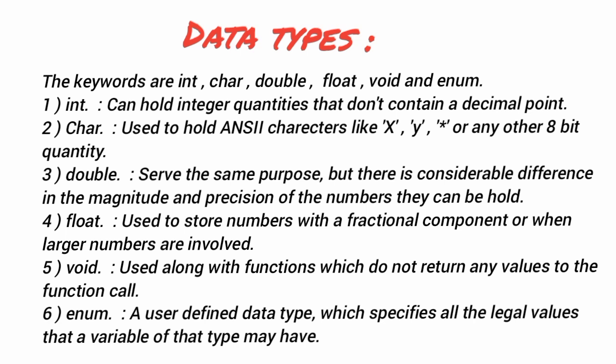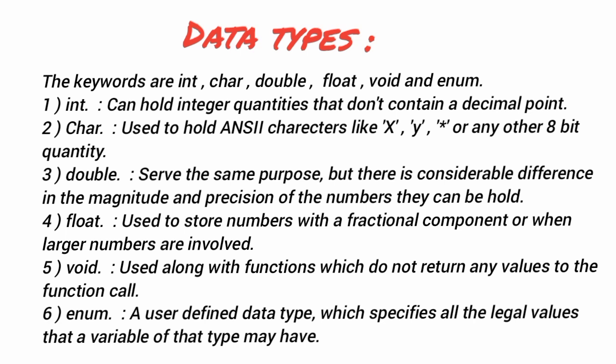Similarly, char is used to hold ANSI characters or any other 8-bit quantity. The character is represented as an integer. Double serves the same purpose as float, but there is considerable difference in the magnitude and precision of the numbers they can hold.